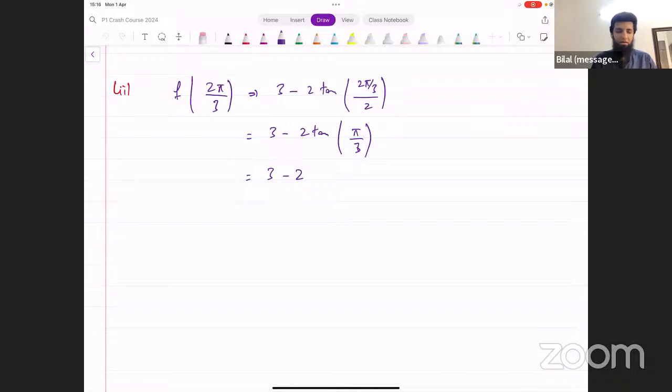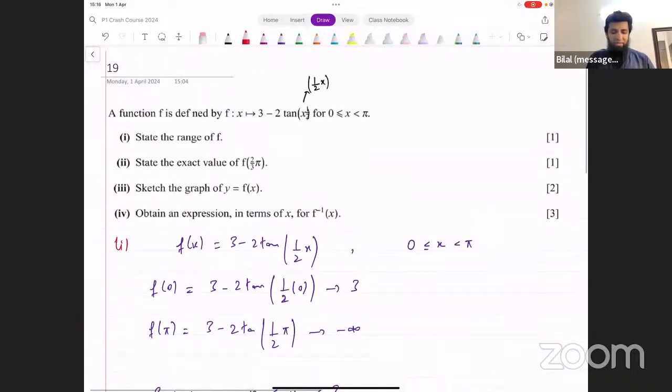Do that on your calculator. Tan pi over 3 is tan 60. I think it should give you under root 3, right? Let me confirm this. Tan of pi divided by 3, that's under root 3. So that's the exact value, 3 minus 2 under root 3. Okay, that's what we were looking for in the second part.